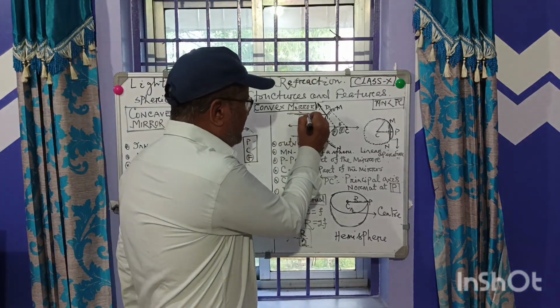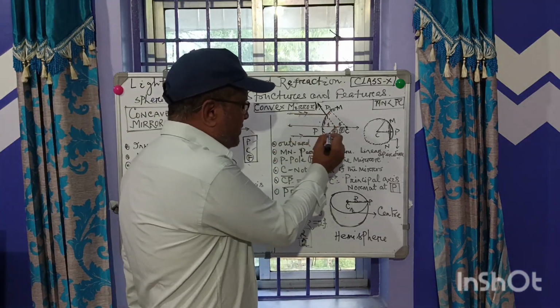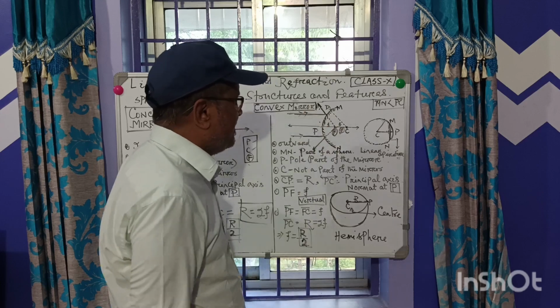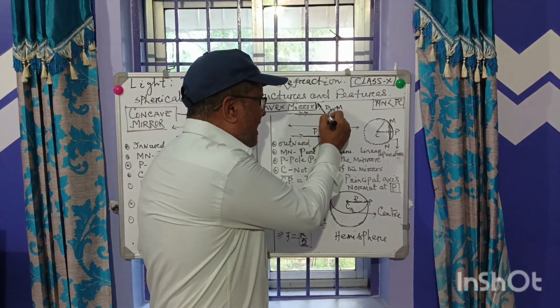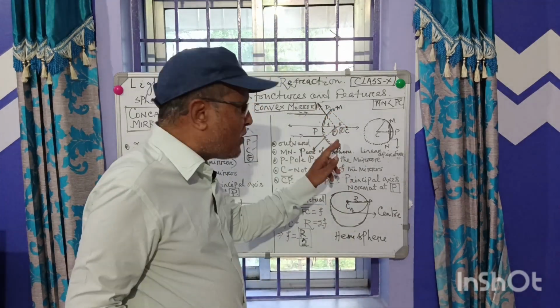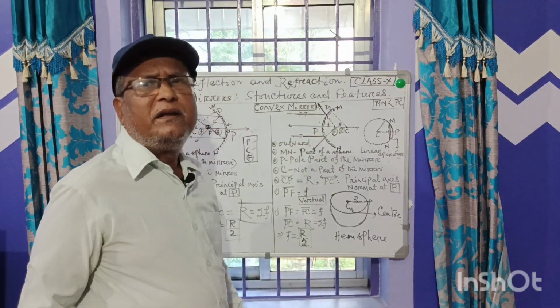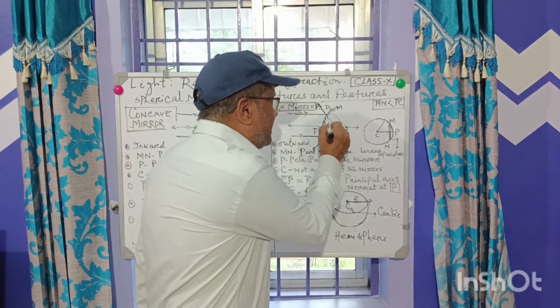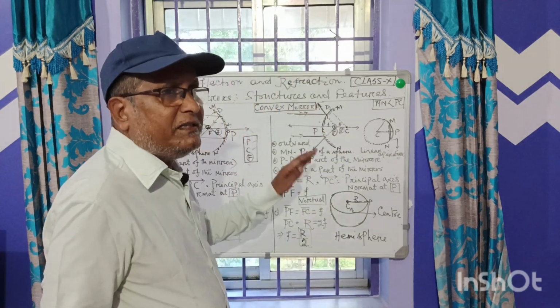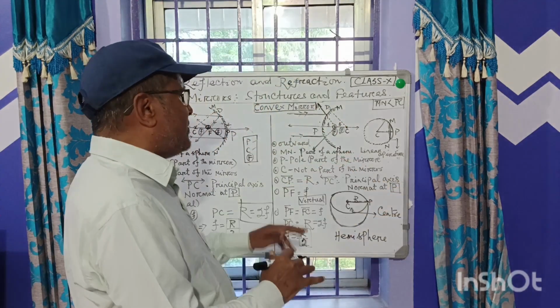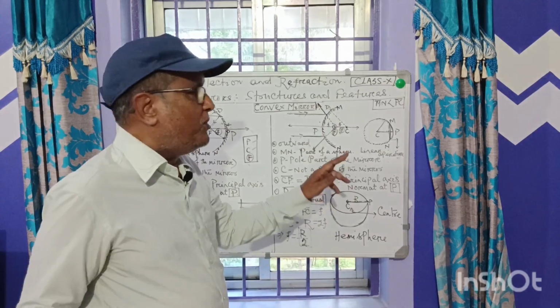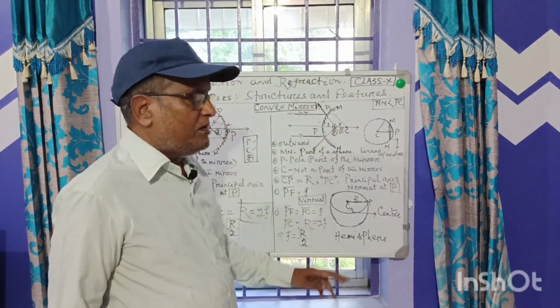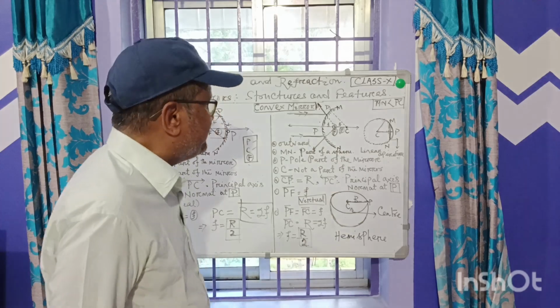So the rays parallel to the principal axis, after reflection, appear to have come from a point on the principal axis, and this point is called focus. Since it appears to have come from a point, the focus is not real here, the focus is virtual.